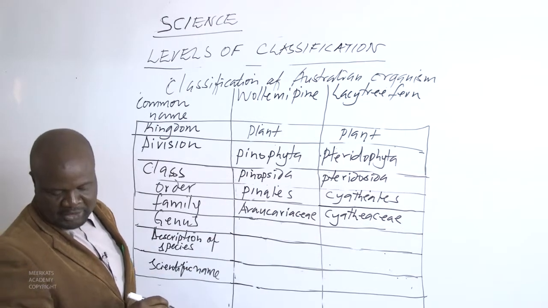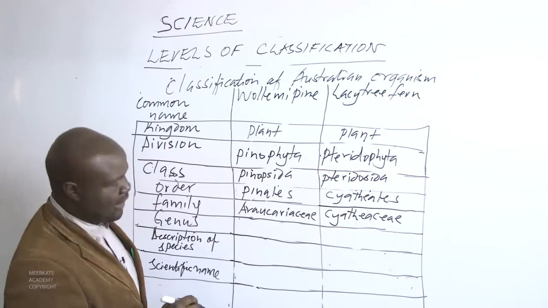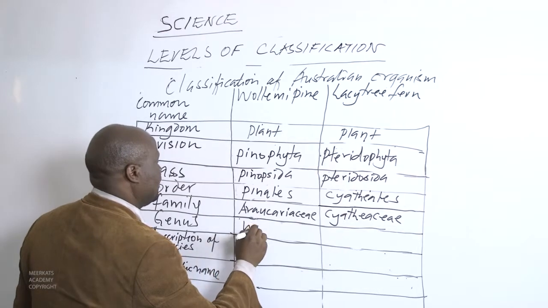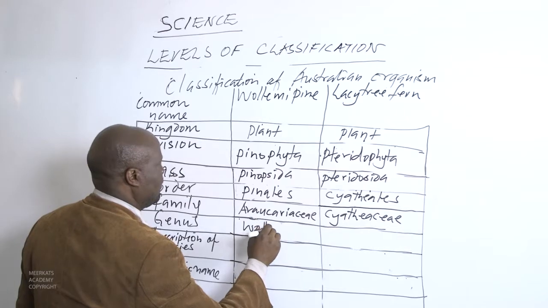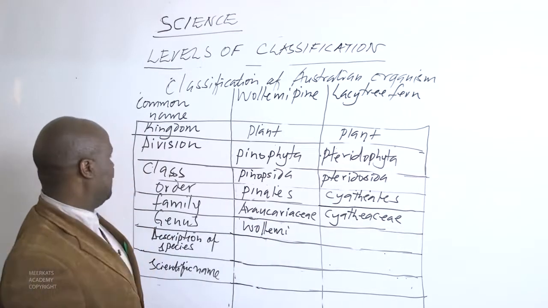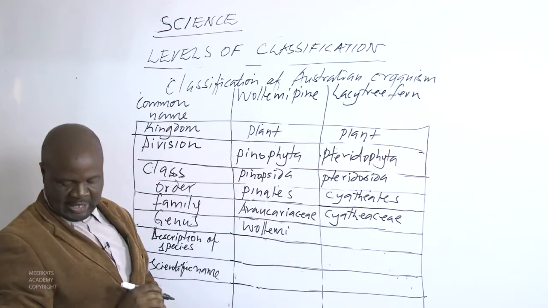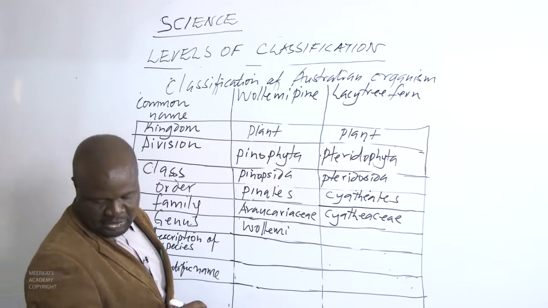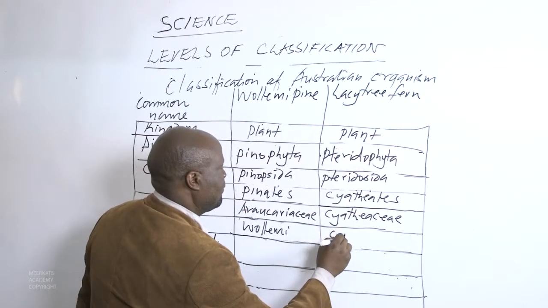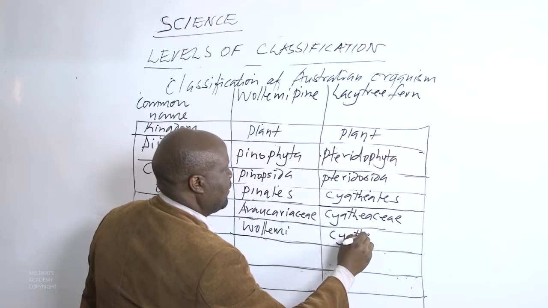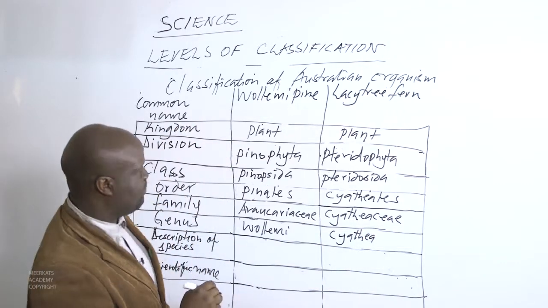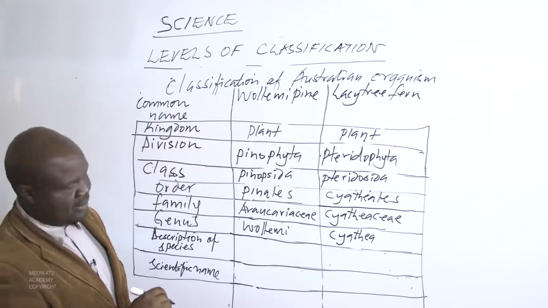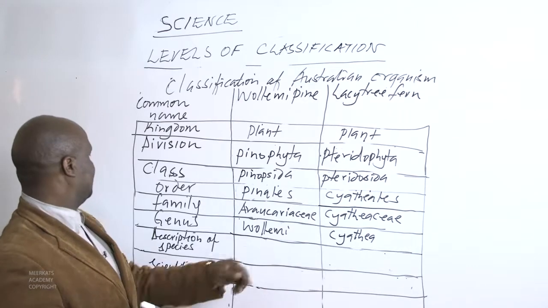Then when we come to the genus, the genera, this one belongs to Wollemia. The other one belongs to Cyathea. So that is the genus.